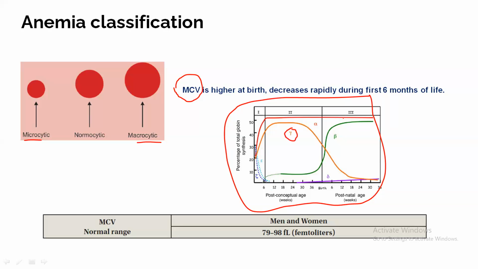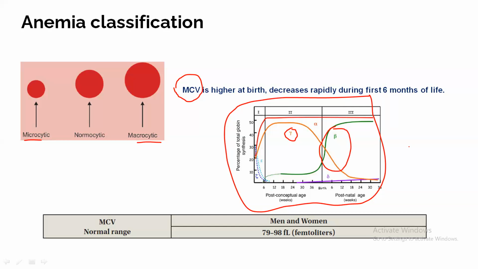This will be transformed into adult hemoglobin at about 6 months of age. That is the point you have to keep in mind. That's why neonatal RBCs have a predominantly high MCV compared to mature RBCs.